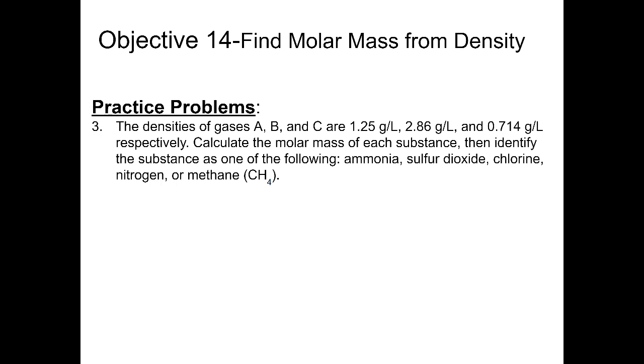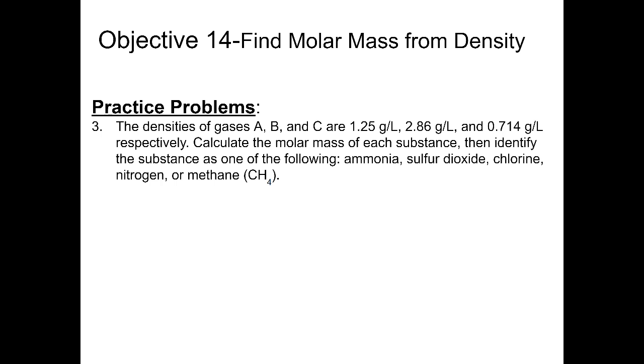We're going to have 1.25 grams per liter over 1? No, we want to do over 1 liter. Again, that gives us grams on the top, liters on the bottom. We want to go from density to molar mass.